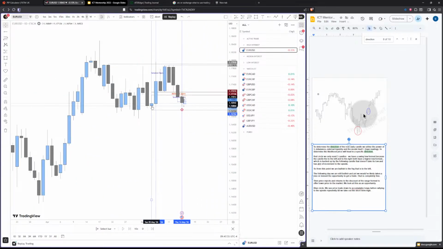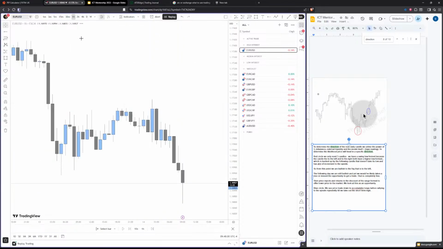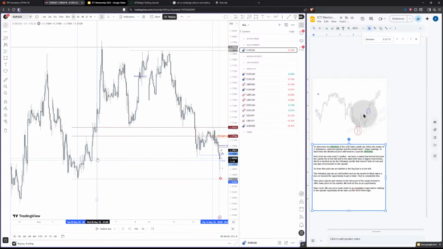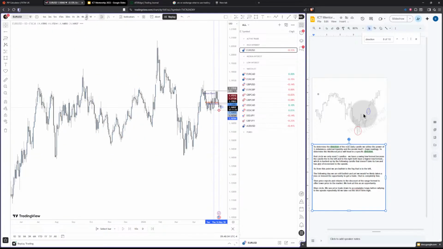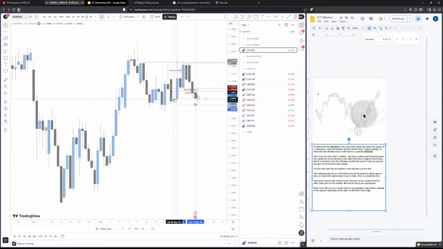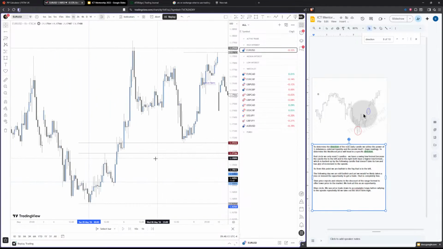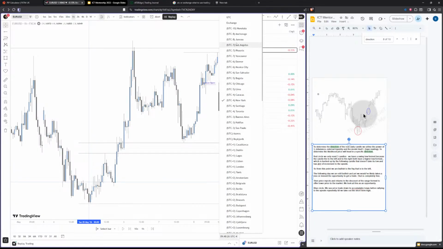We go to the daily time frame, the open. Wait. The close of the day is that blue with this blue. Does that make sense now? It's saying the close is down here. If I go to exchange.